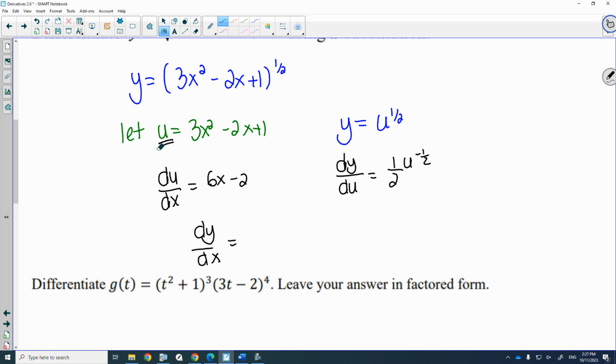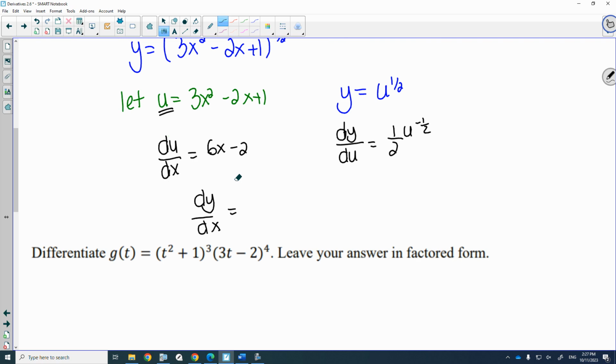is going to equal this function times this function. So binomial, I'm going to put in a bracket. 6x minus 2. I'm going to have a 1/2. Are you okay if I just write the 1/2 like this? Because it's going to be times, right? So it's going to be this function times this. And then I've got u to the negative 1/2.